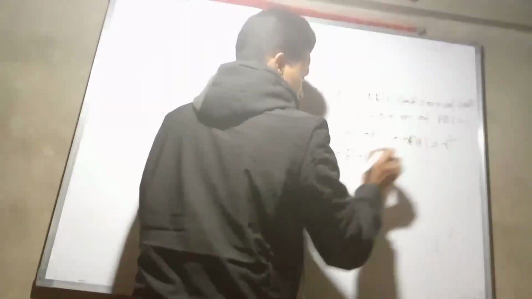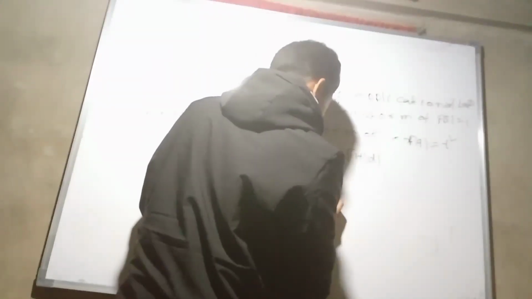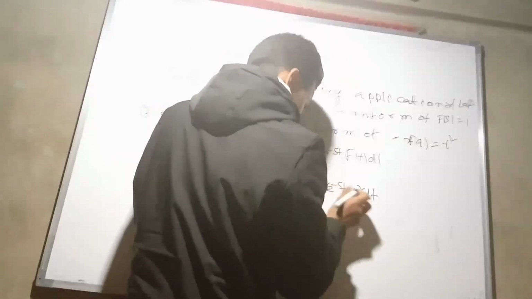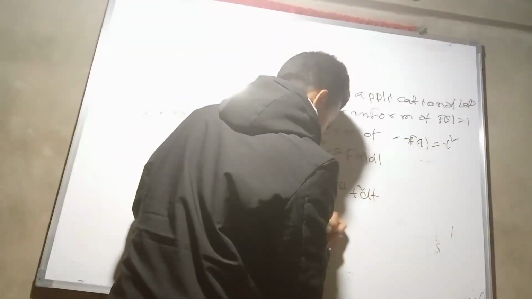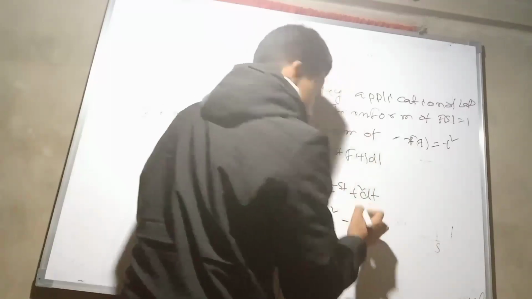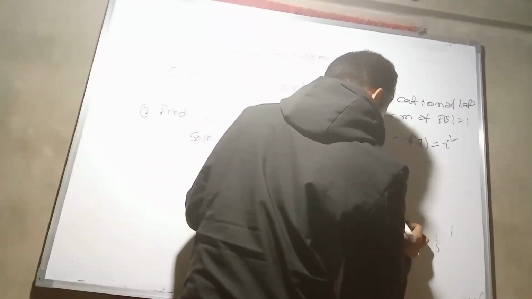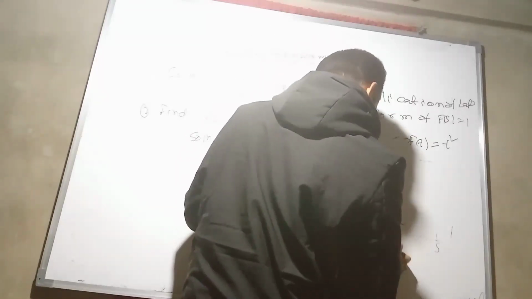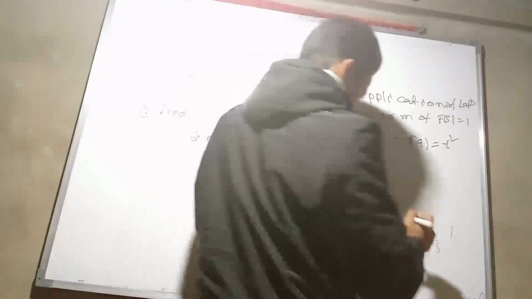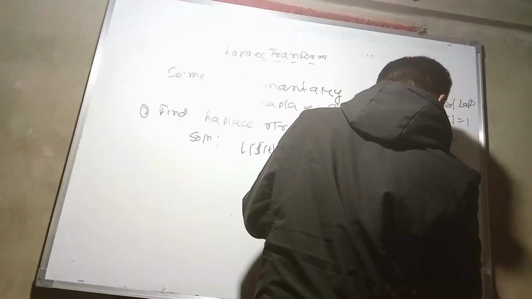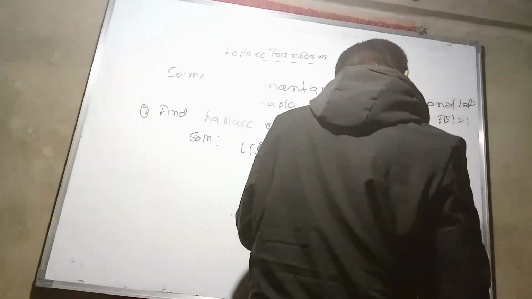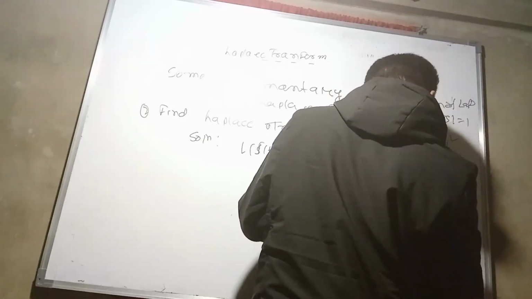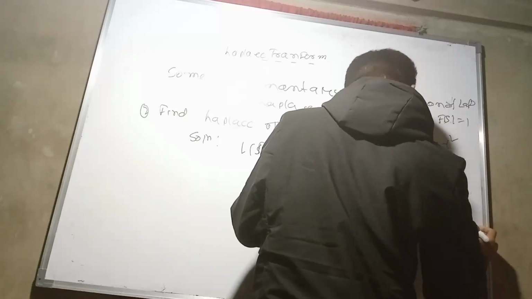So we have the integral from 0 to infinity of e to the power minus st t square dt. When we integrate it, that will be e to the power minus st by minus s times t square, minus 2t e to the power minus st by s square, plus 2 e to the power minus st by minus s cubed, from 0 to infinity.